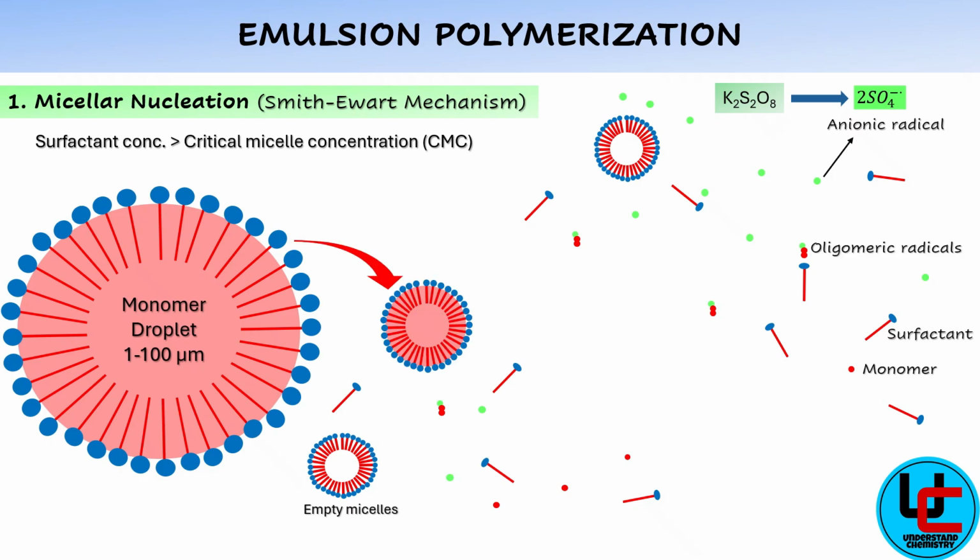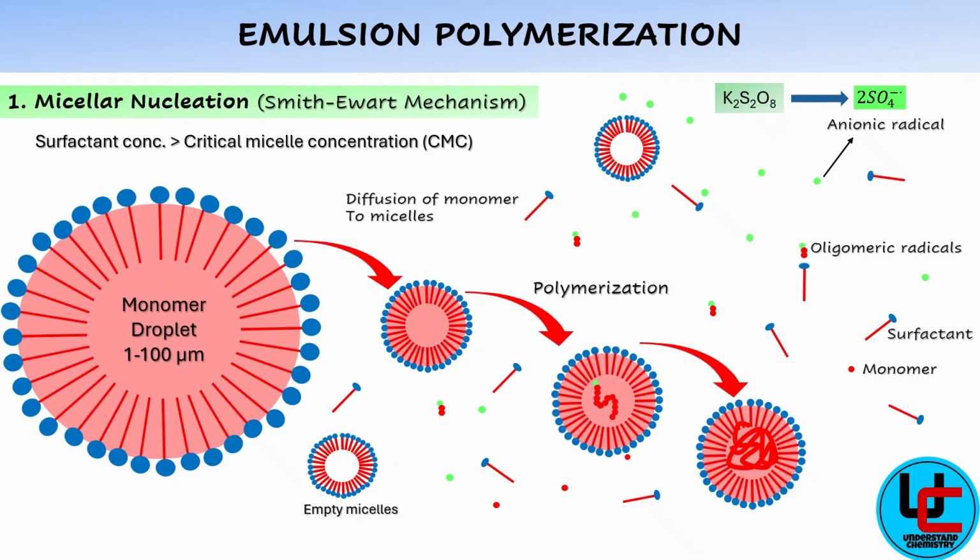Simultaneously, a water-soluble initiator like potassium persulfate decomposes to form radicals. Because of their immense total surface area, these radicals are statistically far more likely to enter a monomer-swollen micelle than a large monomer droplet. Once a radical enters a micelle, it finds a high local concentration of monomer and begins to polymerize rapidly.